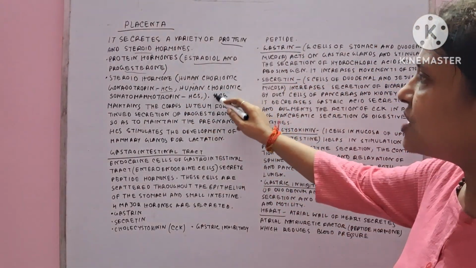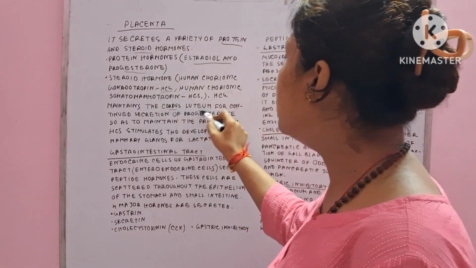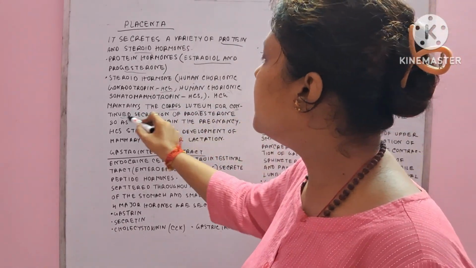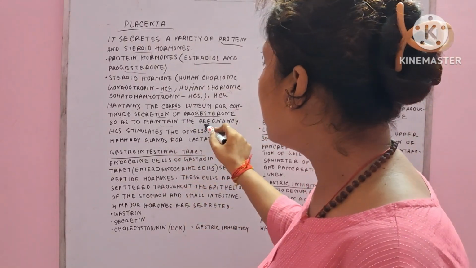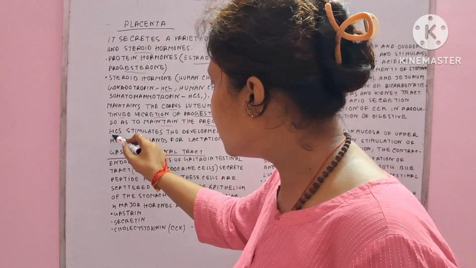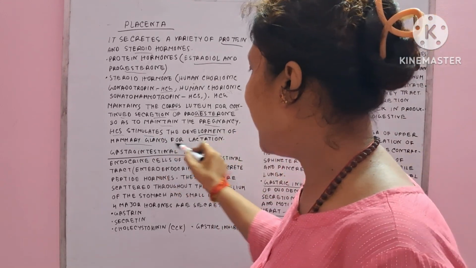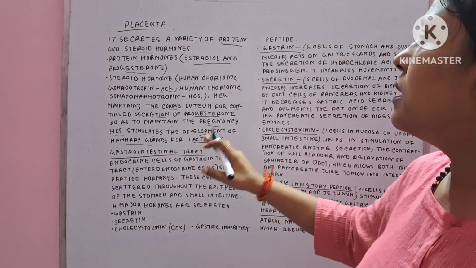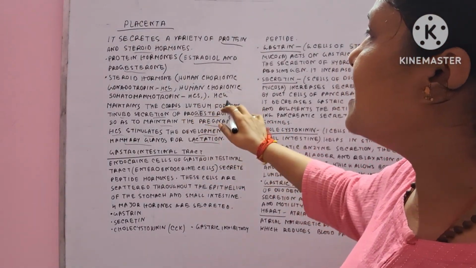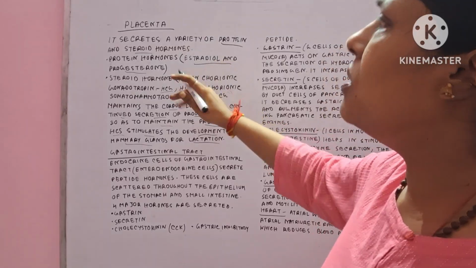And the HCG, what is the role of HCG? That maintains the corpus luteum for continued secretion of the progesterone so as to maintain the pregnancy. And HCS stimulates the development of the mammary glands for lactation. So two hormones are there, HCS and HCG, and you all know the role of the progesterone and the estradiol.